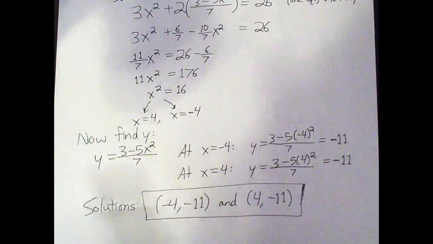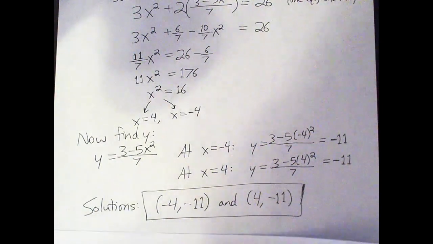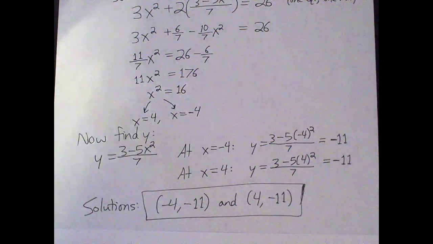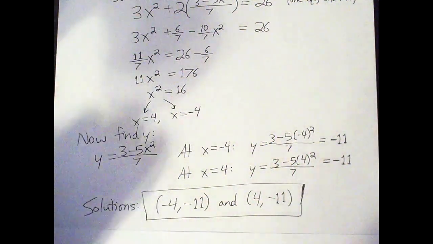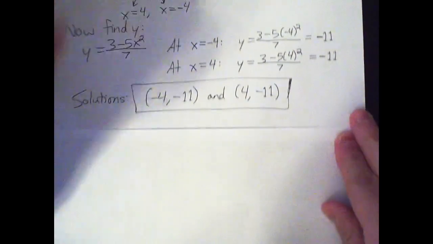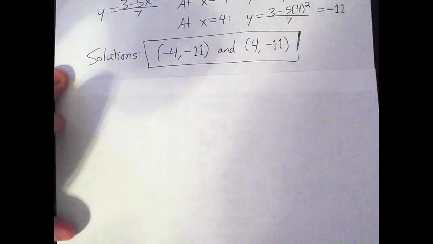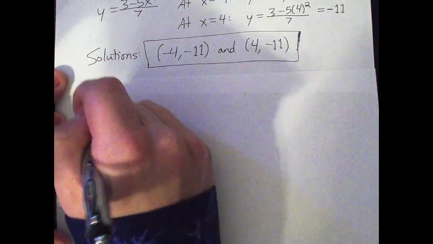But for nonlinear equations, that rule goes out the window, and it is possible to have something like two solutions. So that was method 1, substitution. Not too bad, right? Solve for one variable in terms of the other, substitute it into the other equation, continue from there. I'll show you another method.